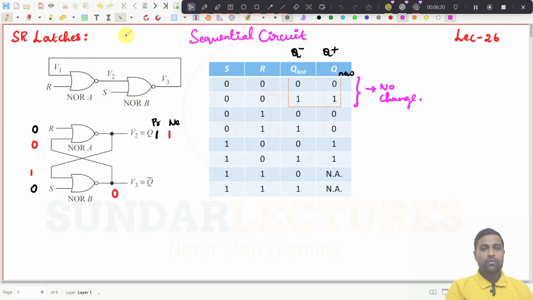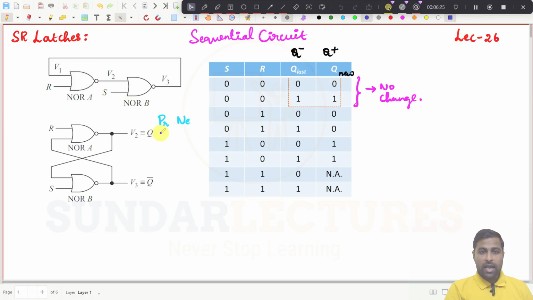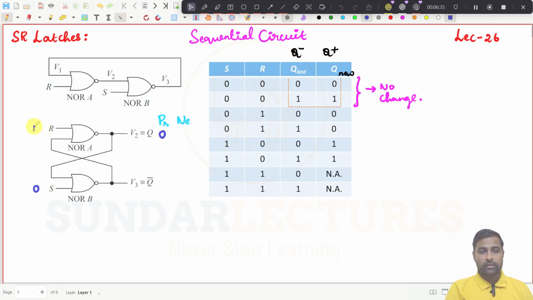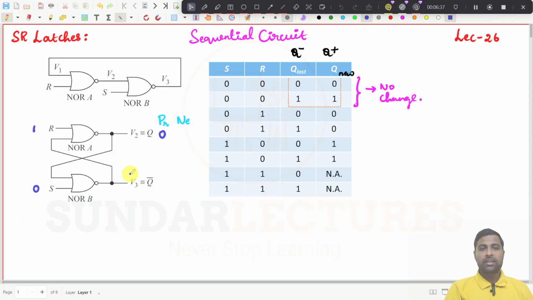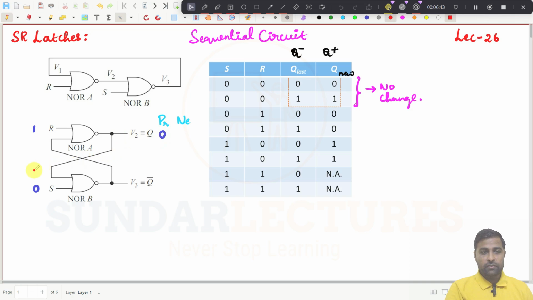So we will go to the next one now, right? Now what we will do, I am going to assume present state to be 0 now, and I am going to give S is equal to 0 and then R is equal to 1, right? This is the condition, and if this is 0, I will write it in red color. If this is 0, this 0 will come here.